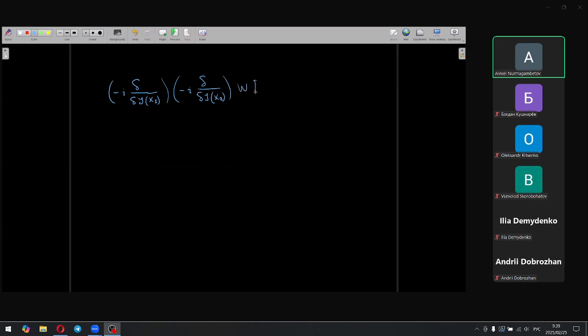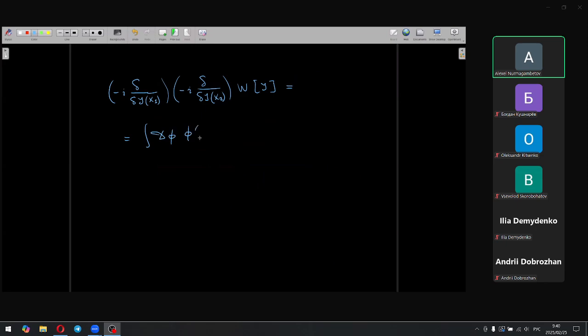And if we act by this kind of operators on our generating functional, then according to the definition of this generating functional and the rules of functional derivatives, we get the path integral of the following form.